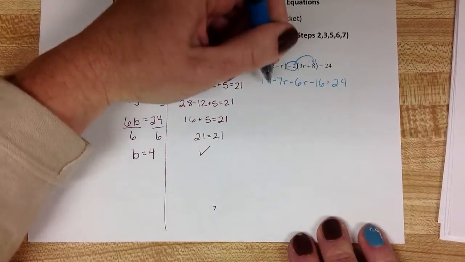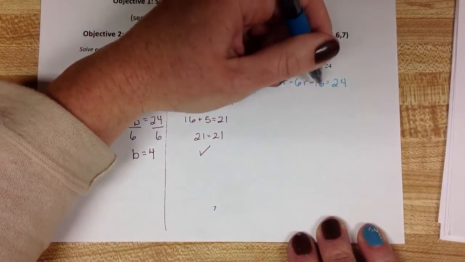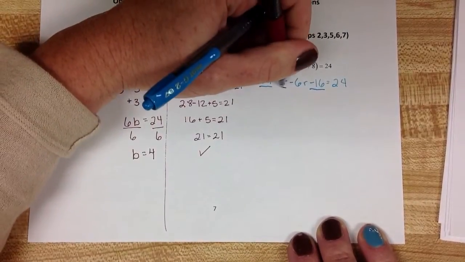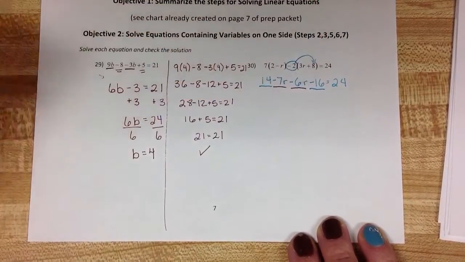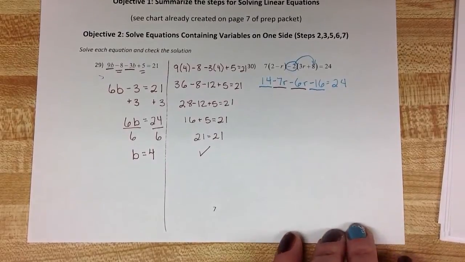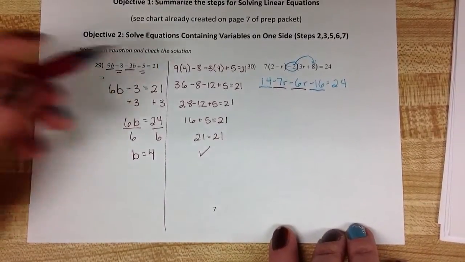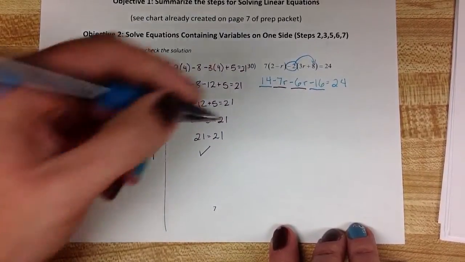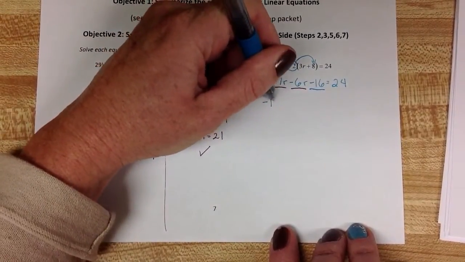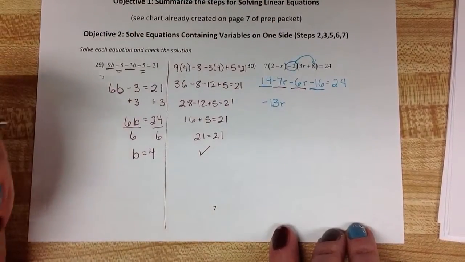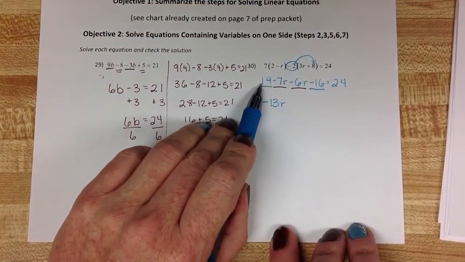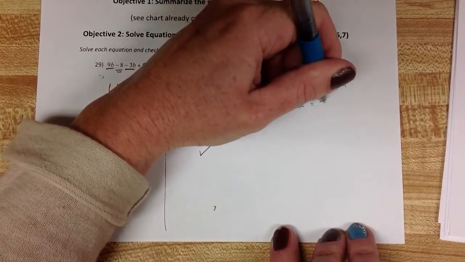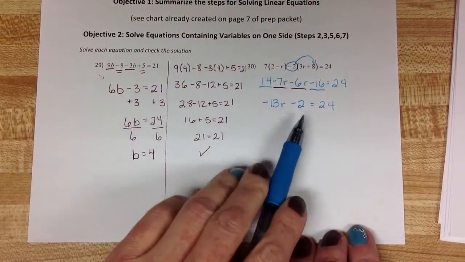Sure enough, this has a positive 14 and a negative 16, and then a minus 7r and minus 6 more r's. So when I combine the like terms here, minus 7r minus 6r is going to give me a total of negative 13 r's. My plus 14 minus 16 gives me a negative 2.